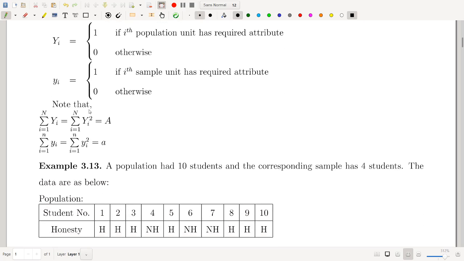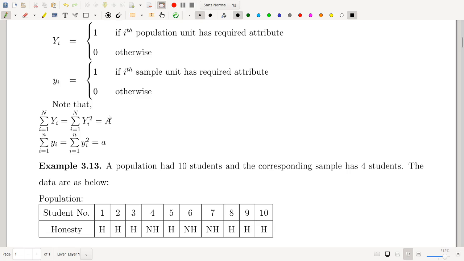If you take summation i equal to 1 to N of capital Yi, because Y takes value 1 when the ith population unit has the required attribute, and 0 if it does not, and capital A means the number of units having the required attribute in a population. So if we take summation of Yi or summation of Yi square, because Y takes only values 1 and 0, summation Yi is the same as summation Yi square.